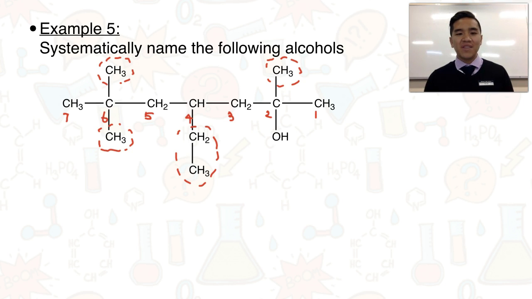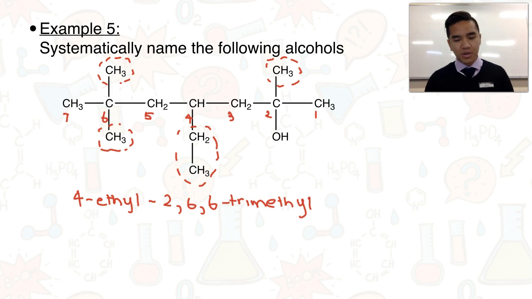And when you get the hang of it, you find that you don't need to actually circle these methyl groups, but I find it helps just to get you started. Let's now write in where these alkyl groups are, and keeping in mind alphabetical order. So those are our alkyl groups, and 7 carbons means it's a heptan, so it's going to be a heptan-2-ol or a 2-heptanol.